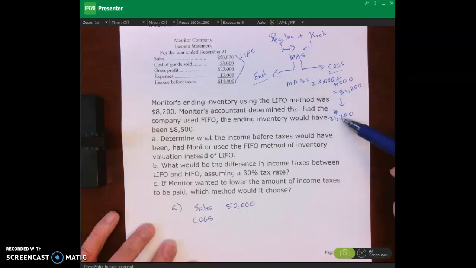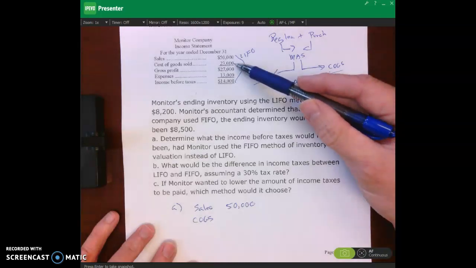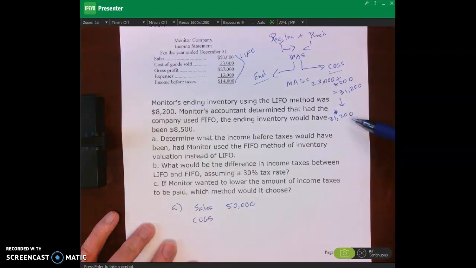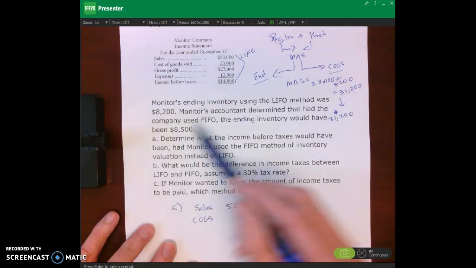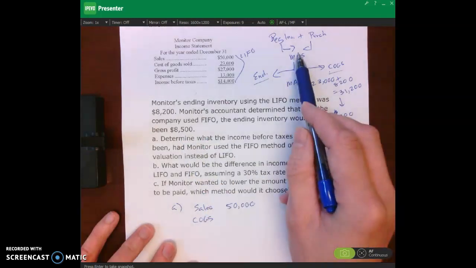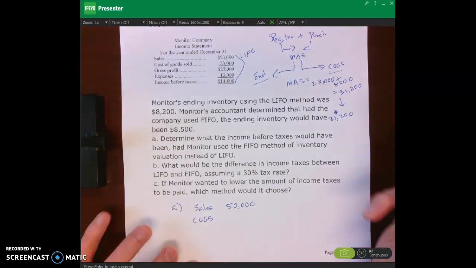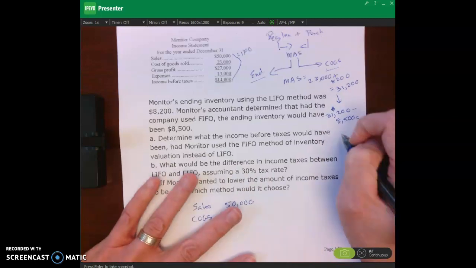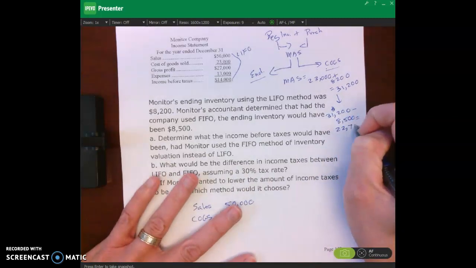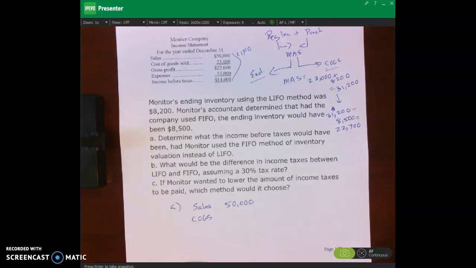So if I'm trying to figure out cost of goods sold using FIFO, I can say my merchandise available for sale, 31,200, minus my ending inventory equals my cost of goods sold, because it either goes there or it goes there. Minus my 8,500, which equals 22,700 cost of goods sold.